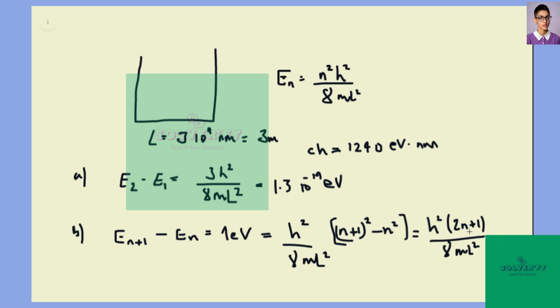Substituting all the values, we find that n is equal to 4 mc square. So we divide and multiply by c square into L square. Let's call this value delta E, whole divided by hc whole square.